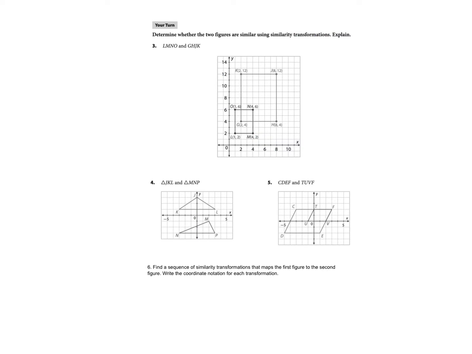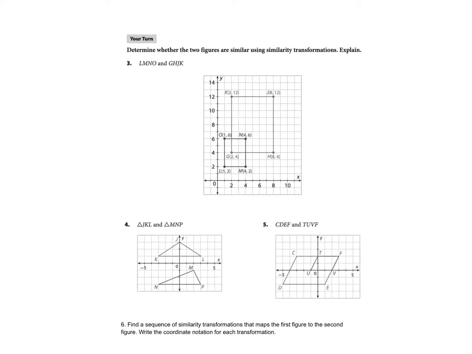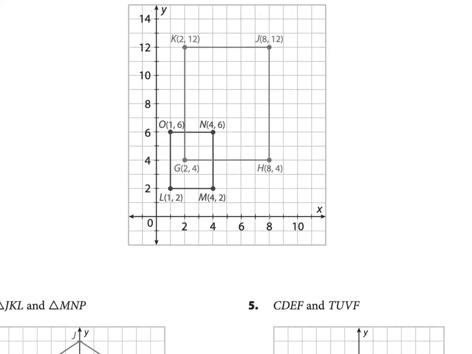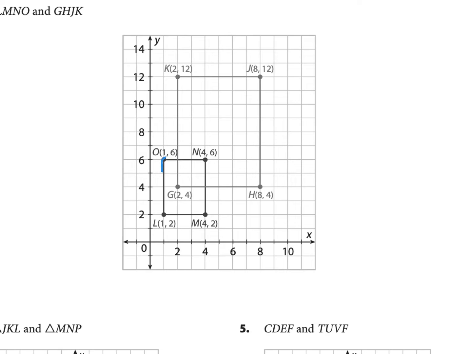All right, so now determine if the figure is similar using similarity transformations. So here, 1, 2, 3, 4, 1, 2, 3, and then I have 1 through 6, and 1 through 8.